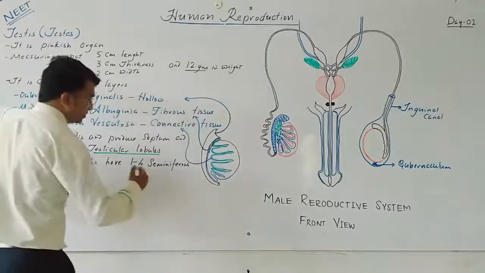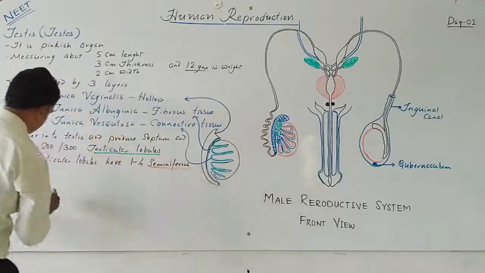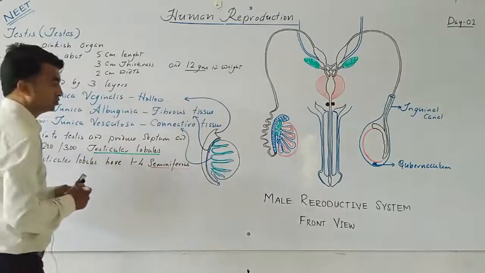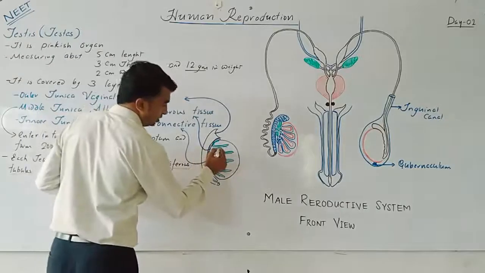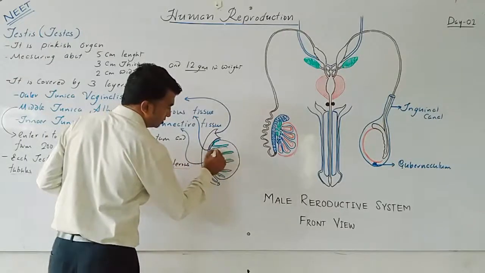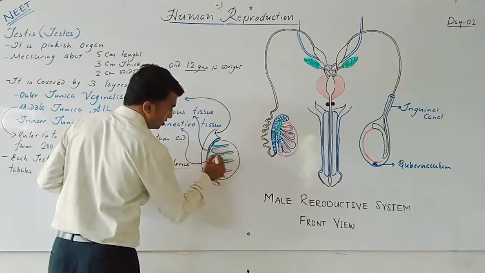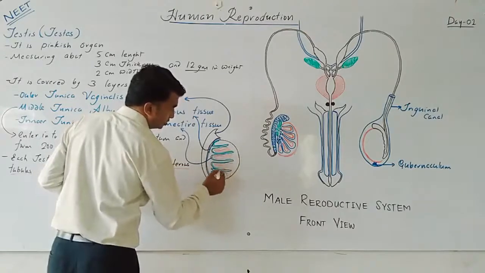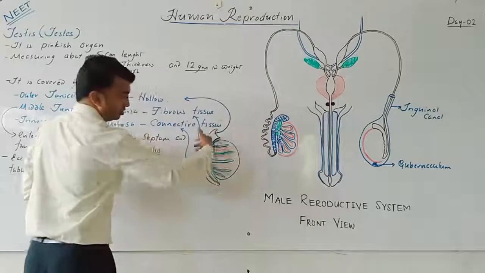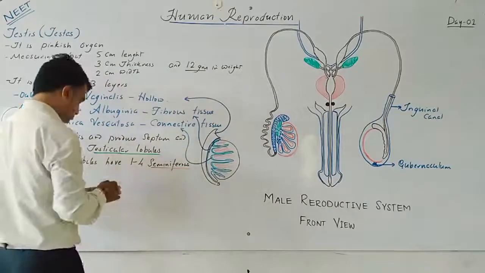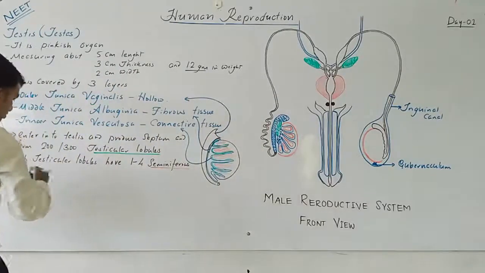So this is the seminiferous tubule. Seminiferous tubule means here almost 1 to 4 seminiferous tubules are present. So this red color is the seminiferous tubule.